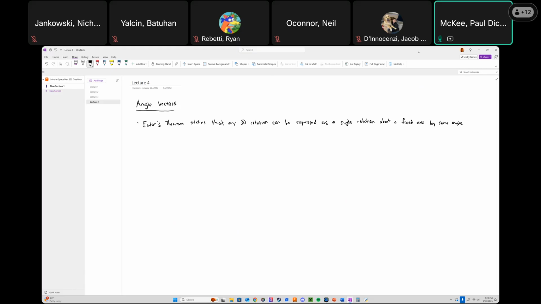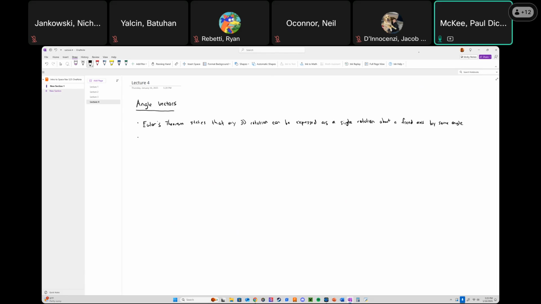So even after your yaw, pitch, roll sequence, your final attitude is related to your initial attitude by a single rotation about some axis. Now that axis could be really weird. It doesn't need to be the x-axis or the y-axis or the z-axis. It could be some weird linear combination of the three. But there is one axis that doesn't rotate.